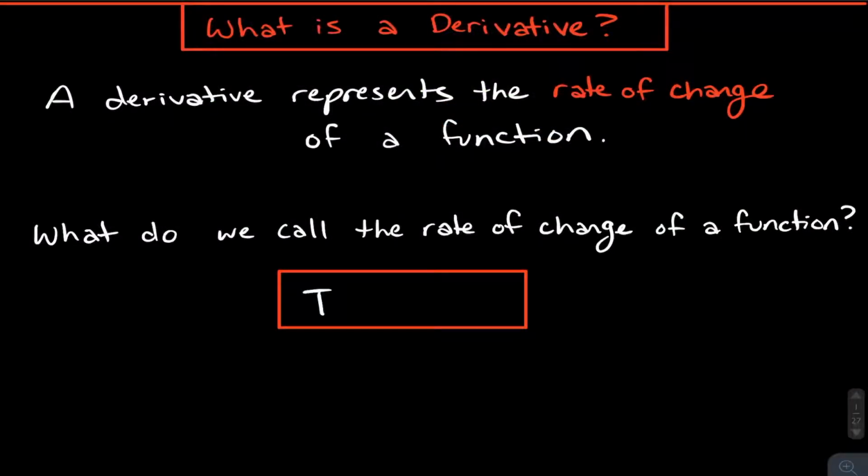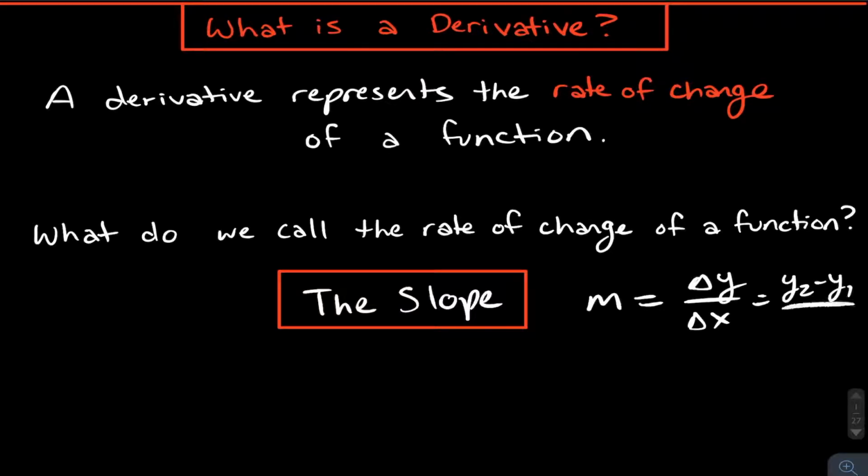That is the slope. Okay, we're talking about m. We're talking about the change in y over change in x. We're talking about y2 minus y1 over x2 minus x1, right? That big thing. That's what we're talking about here when we talk about a derivative. We're kind of talking about the rate of change of a function, which is basically the slope.